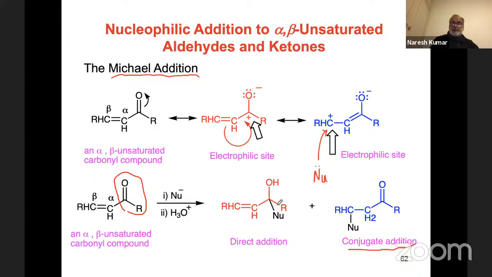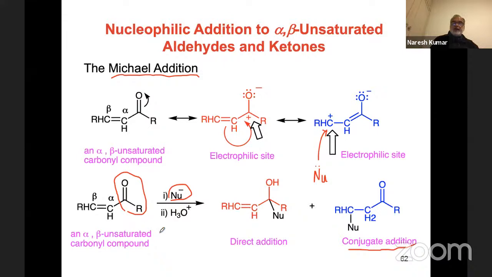So typically in carbonyl compounds, the nucleophile reacts with the carbonyl to give you the alcohol. But when there's a double bond present, which is in conjugation, you can get what we call a conjugate addition reaction rather than the direct addition reaction on the carbonyl. And this conjugate reaction is called the Michael addition reaction. And this reaction is also very much dependent upon the nature of the nucleophile. If the nucleophile is very reactive, then it will attack the carbonyl compound.